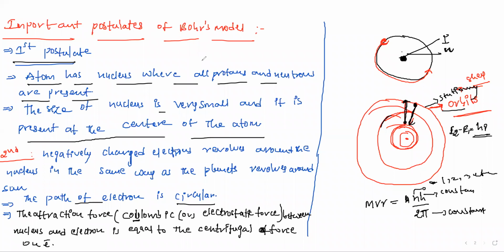And next, the attraction force on the electron, called electrostatic force or Coulombic force, is equal to the centrifugal force, which is nothing but repulsion force. అంటే అట్రాక్షన్ ఫోర్స్ ఎంత అయితే ఉంటుందో రిపల్షన్ ఫోర్స్ కూడా అంతే ఉంటుంది. The attraction force equals the repulsion force, the centrifugal force.